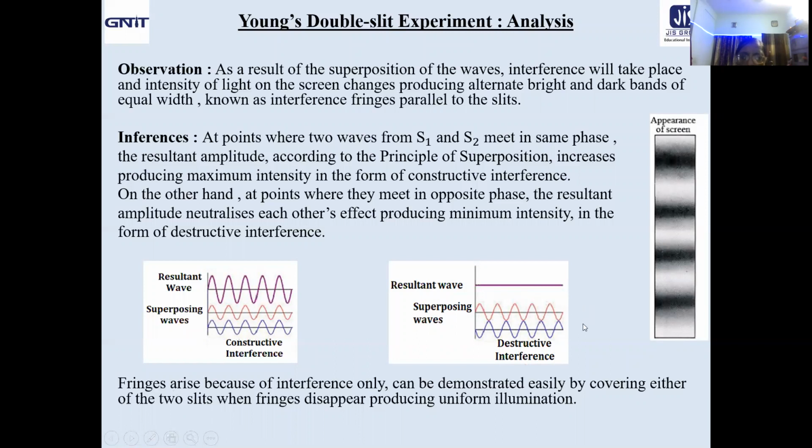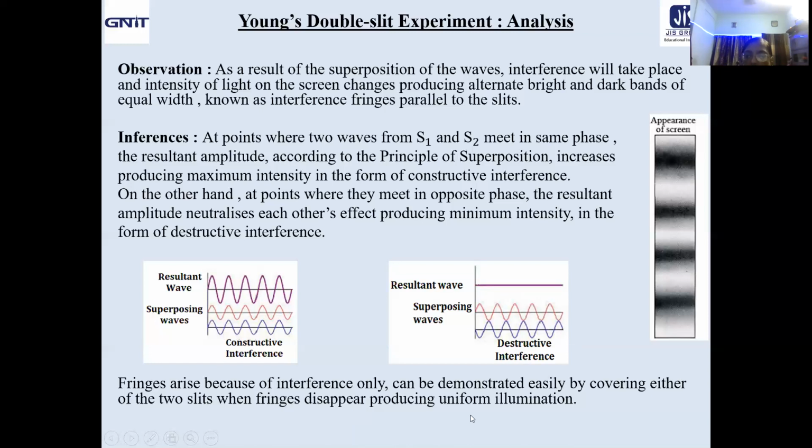Now, this type of fringe pattern which we are getting, fringe meaning the positions of equal bands with equal bandwidths, this pattern as a whole is called the fringe pattern. These fringes are appearing because of interference only. How can you understand? If you just cover either of the two slits, either S1 or S2, then what will you find?